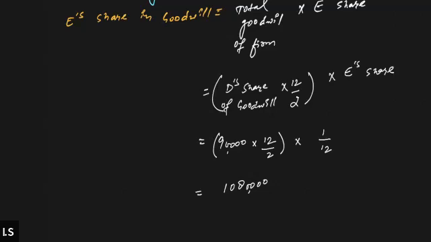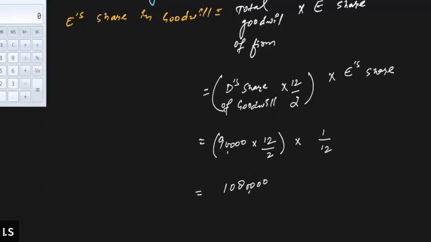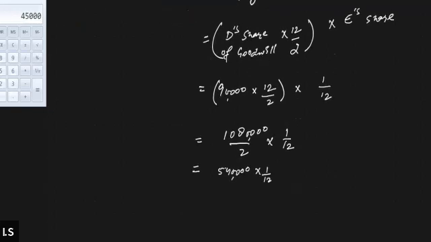So after multiplying 90,000 into 12 divided by 2, we will get 5,40,000. And then again we will divide it by 12. Dividing it by 12, we will finally get E's goodwill as 45,000.